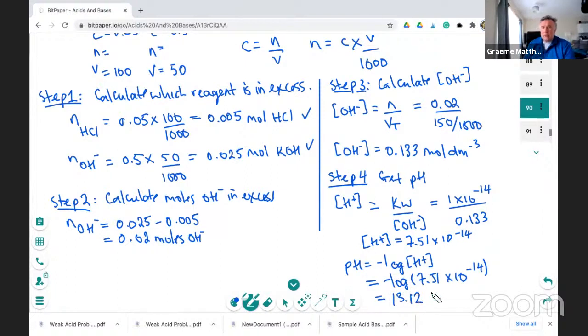Now, you always report the pH value to two decimal places, right?